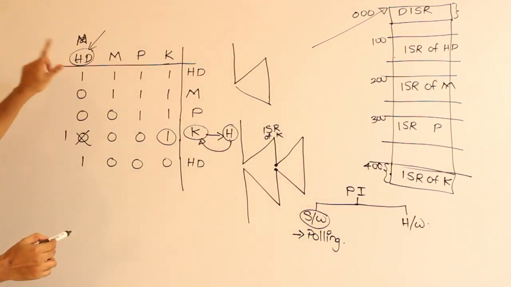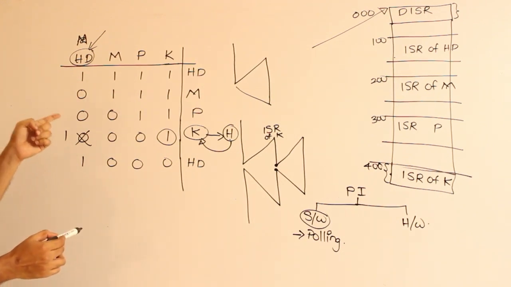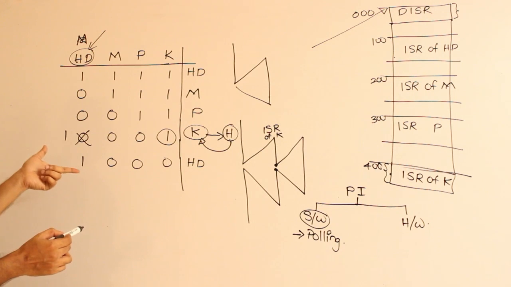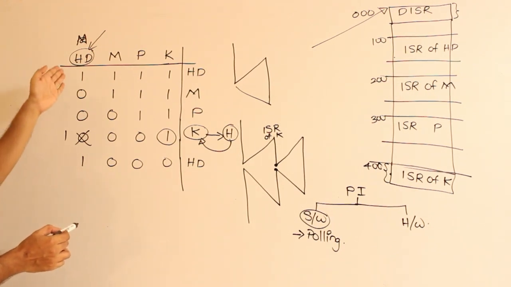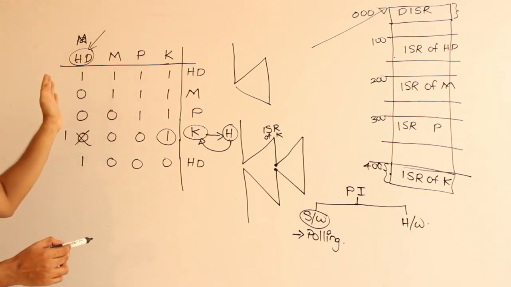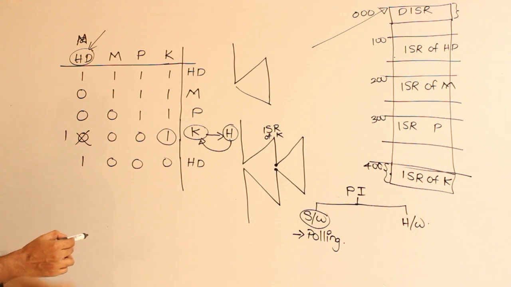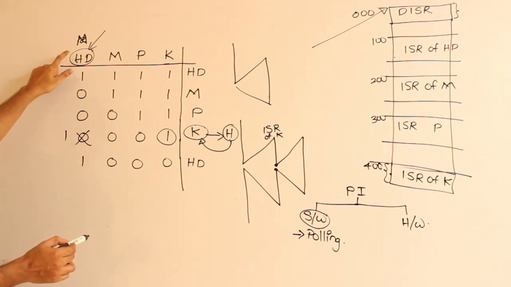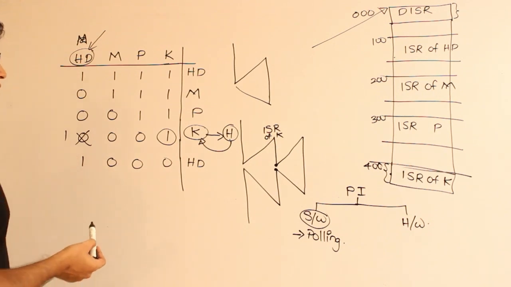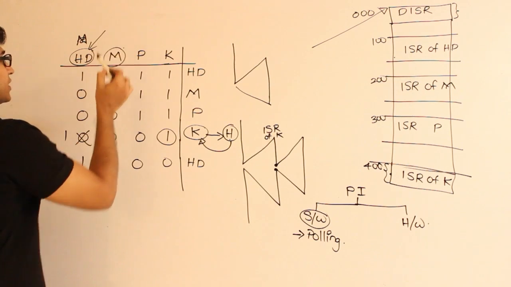In case this is not the device which has caused the interrupt, then the next one which will be polled, or consulted, is the one which is next highest in priority, which means we'll go on asking the devices in their decreasing order of priority, and that is how priority will be implemented in software. Are you getting this? First we'll ask the highest priority device. If it says no, I didn't create any interrupt, then we go to the next one and ask it.